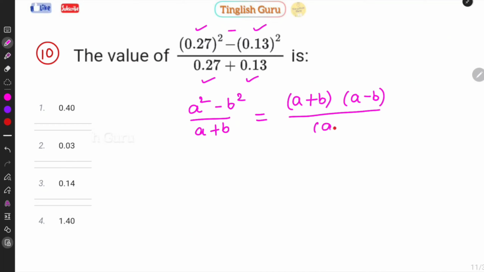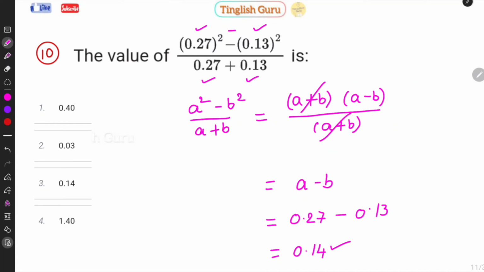In the denominator we already have a plus b. So cancel a plus b in both numerator and denominator, and we will get our answer as a minus b. Here a is 0.27 and b is 0.13. We will get 0.14 on subtracting. So option 3 is our answer.